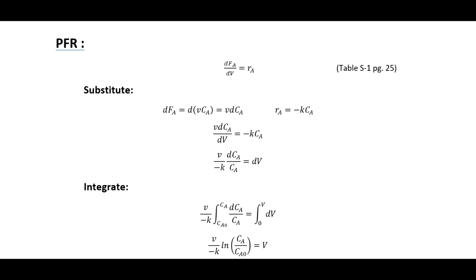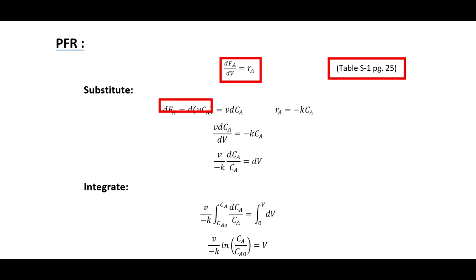In order to find the PFR volume for the same reaction rate that we were given in problem B, we need to find a similar equation as the one we found in the CSTR version on table S-1. This results in the equation dF sub A over dV is equal to r sub A. Now, the next step is to start substituting.